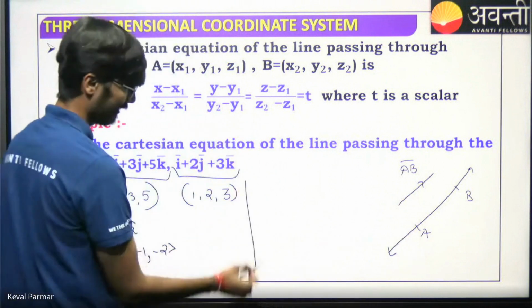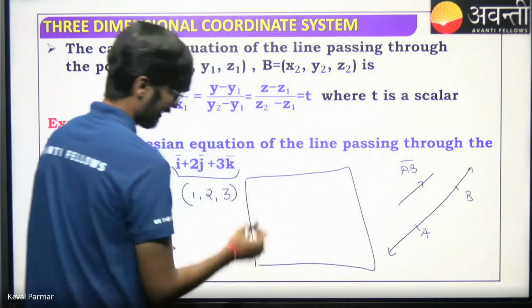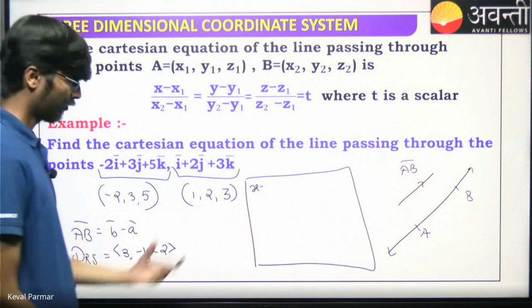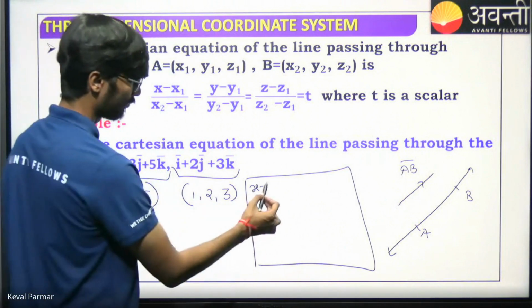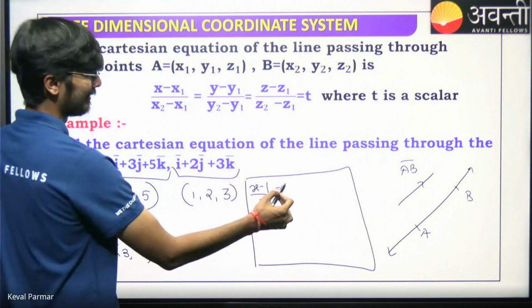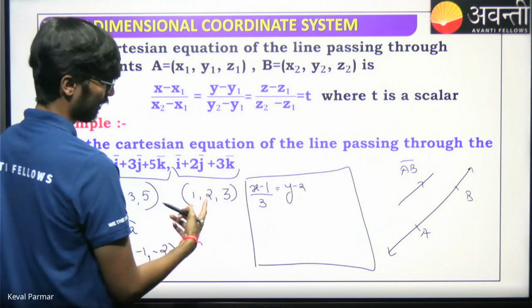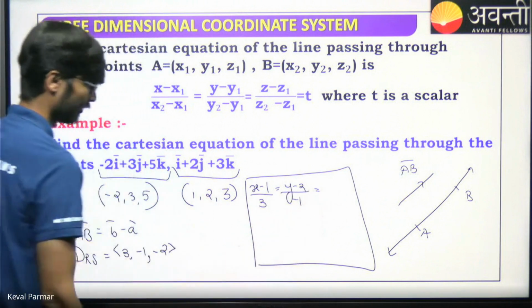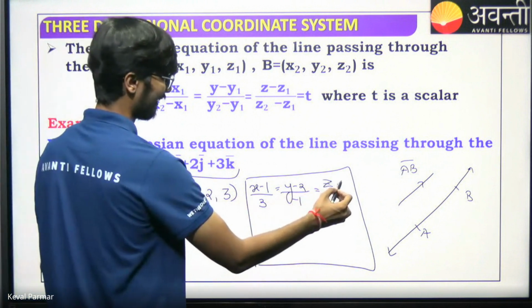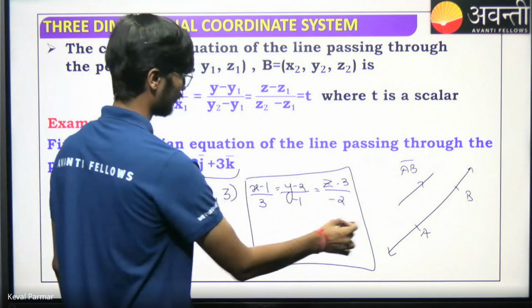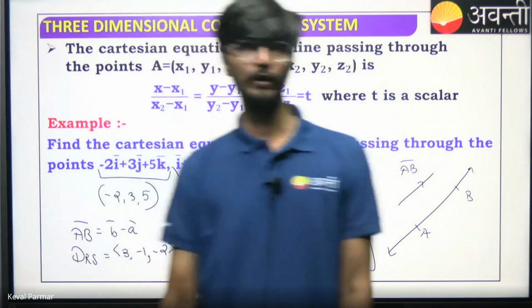So my Cartesian equation will be x minus x1. Let's say I use this point. This looks better. So x minus 1 upon DR, which is 3, is equal to y minus 2 upon DR, which is minus 1, is equal to z minus 3 upon DR, which is minus 2. This is my answer.